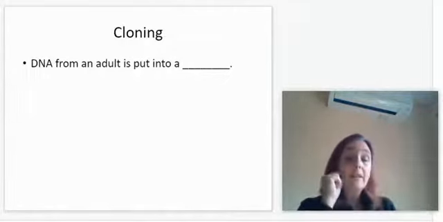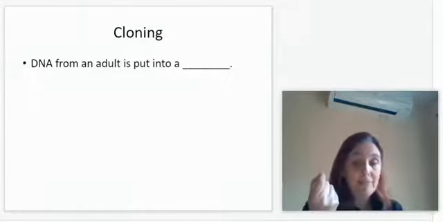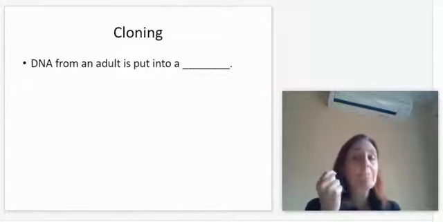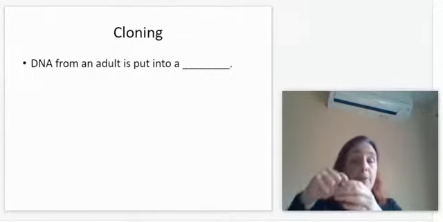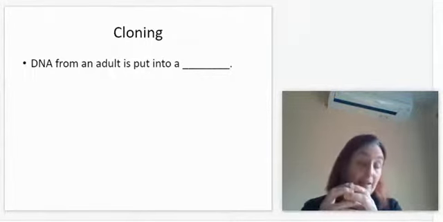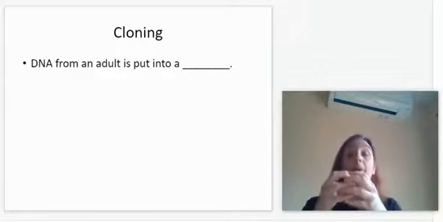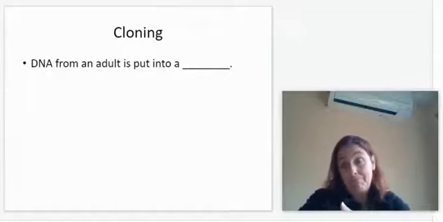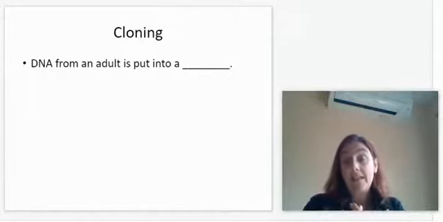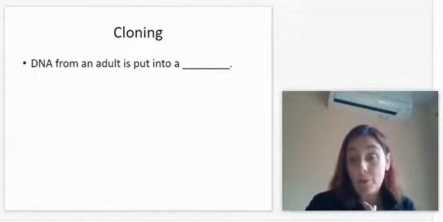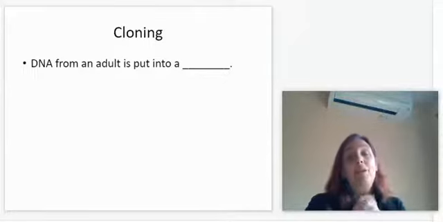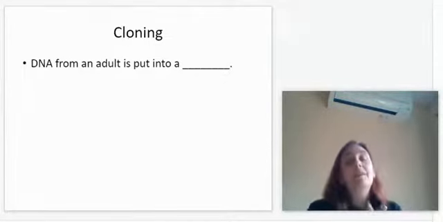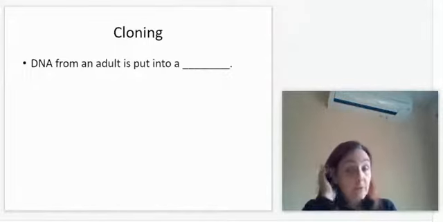So if we could take my DNA, which is copies of what I got half from my dad and half from my mom, and we could put that into a zygote and make that zygote grow into a baby by mitosis, you're going to get a baby that is genetically identical to me. You'll get a little baby Ms. Cohen-Norris.